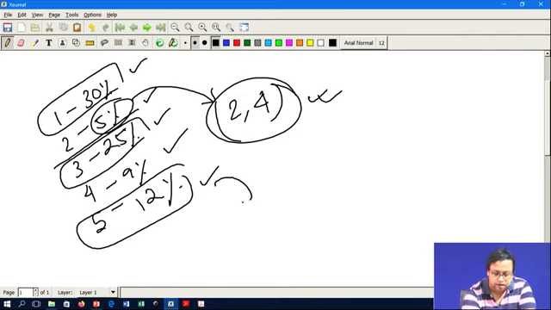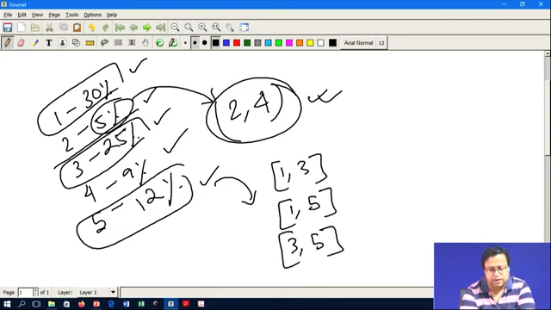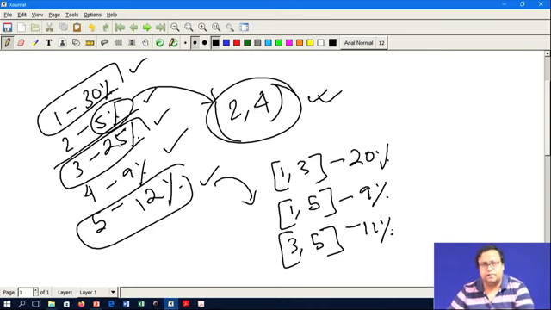So, from here what are the 2-item sets I will consider? I will check 1 3, 1 5 and 3 5. Fair enough. Now, let us say 1 3 is around 20%, 1 5 is around 9% and 3 5 is around 11%.